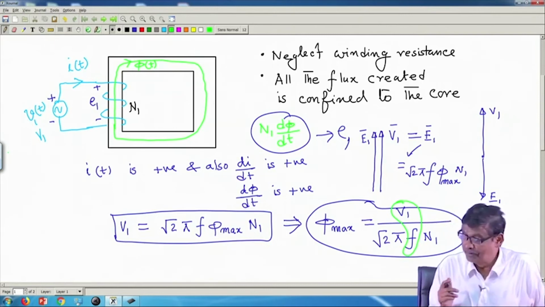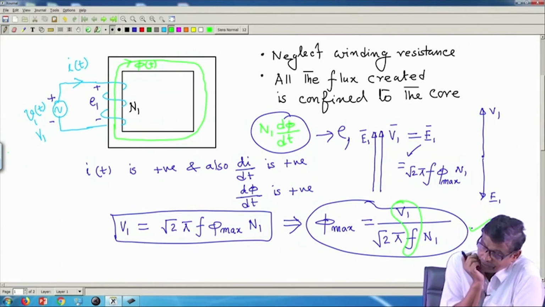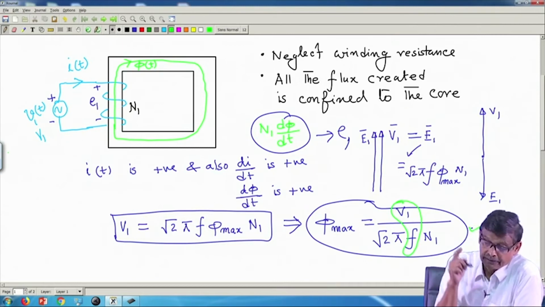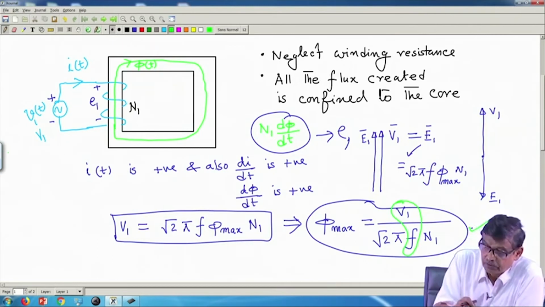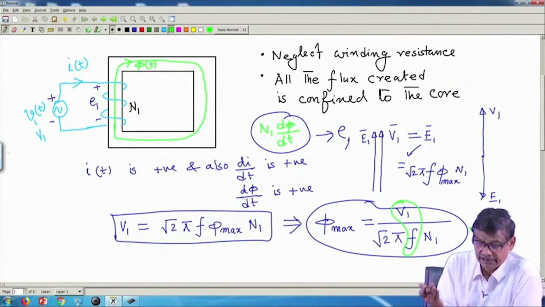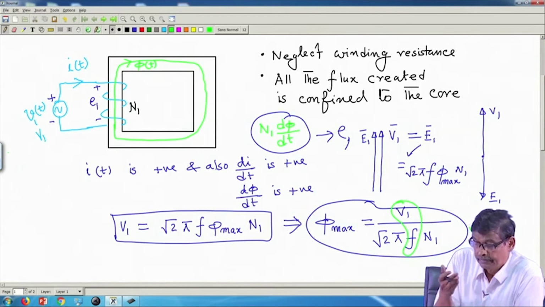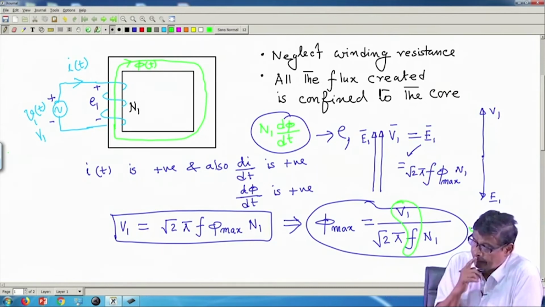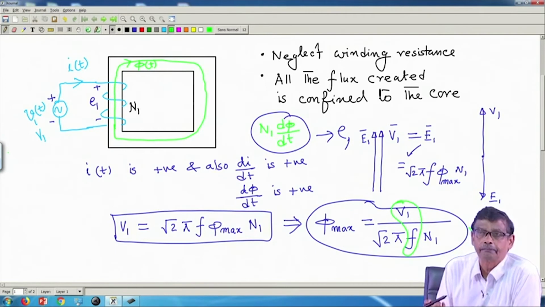Another important implication of this equation is that if this core material is replaced by another core material, other things remaining the same, that is, the same voltage with the same number of turns, only the magnetic material replaced, then phi max will remain the same.